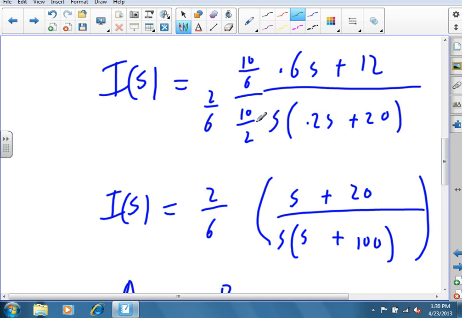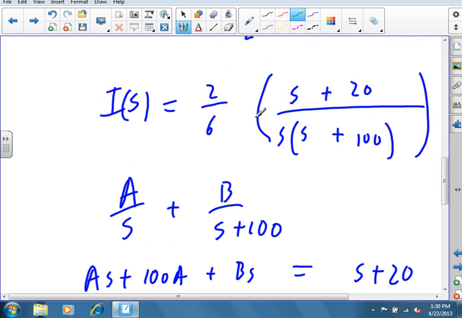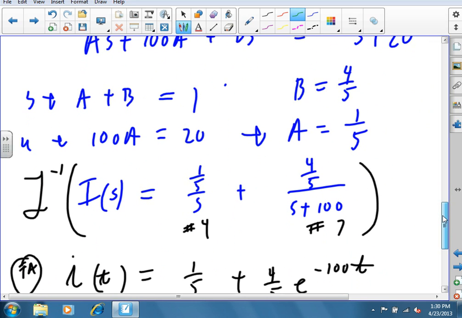That goes away, that's a 1. 2 goes into that, 10. 10 times 10 is 100. Oh, I still got this 1/3 on the outside. So I do my partial fraction, that's fine, but the whole thing is multiplied by 1/3.